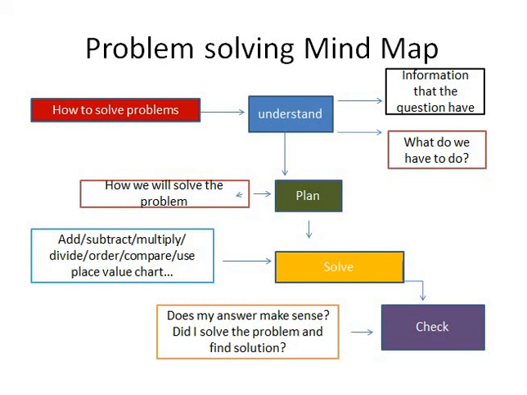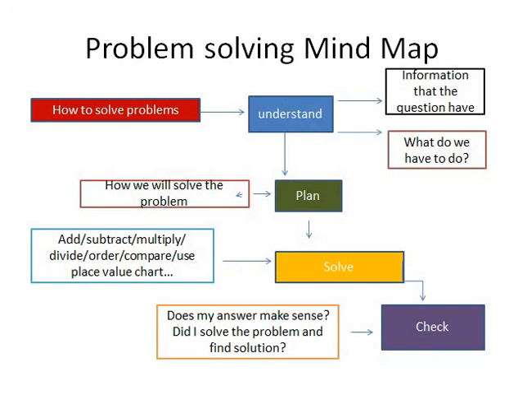I should understand the information that the question has. What is the question talking about? Numbers, people, process, what are they going to do? Then understand what we have to do.